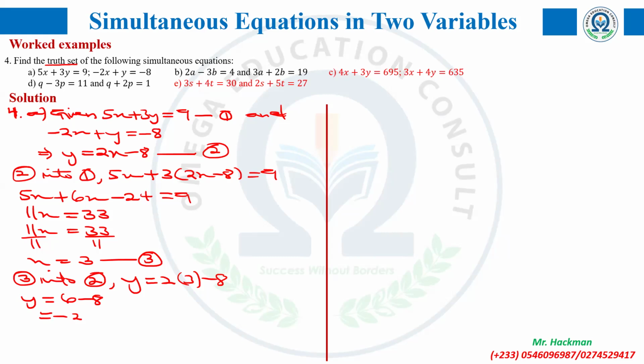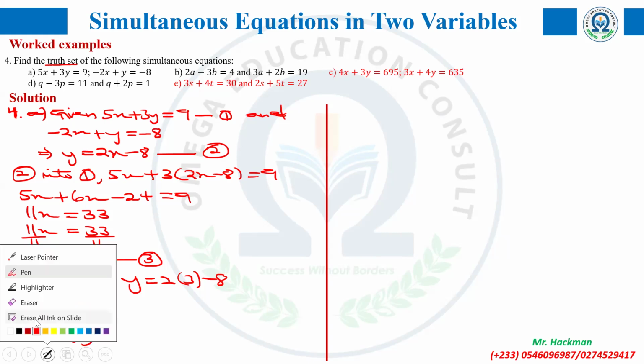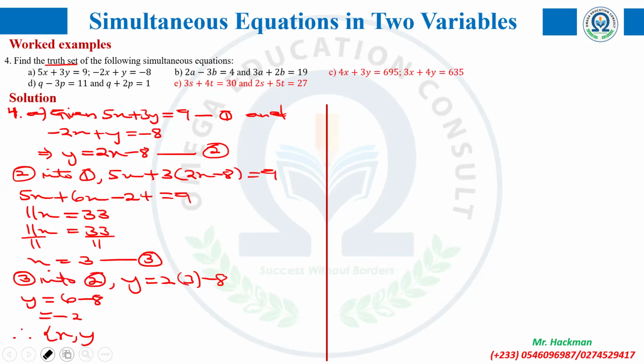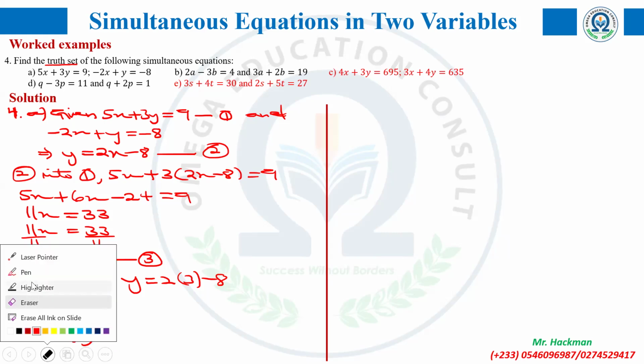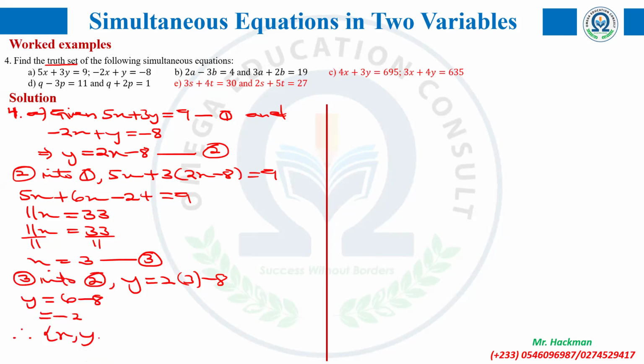Remember. Okay, so now what do we have? Truth set. Therefore, you come and write x comma y is equal to, did I say is equal to? Forgive me. It's such that, okay, so take note of that. It's such that usually if it's one variable and you solve, maybe you are finding the truth set will be x is such that x is equal to, you state its value.